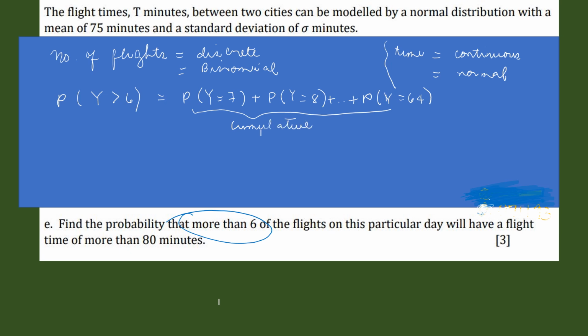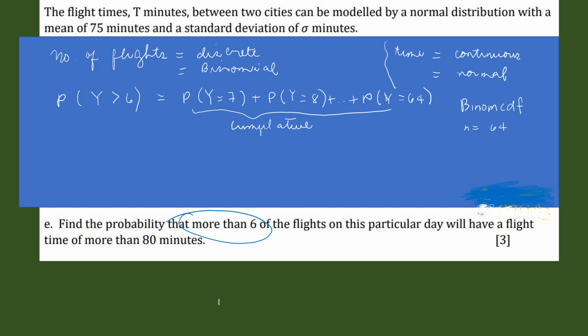Therefore, we will be looking for the binomial CDF. It will ask you the value of n, which is 64. And let me check what else it will ask you.